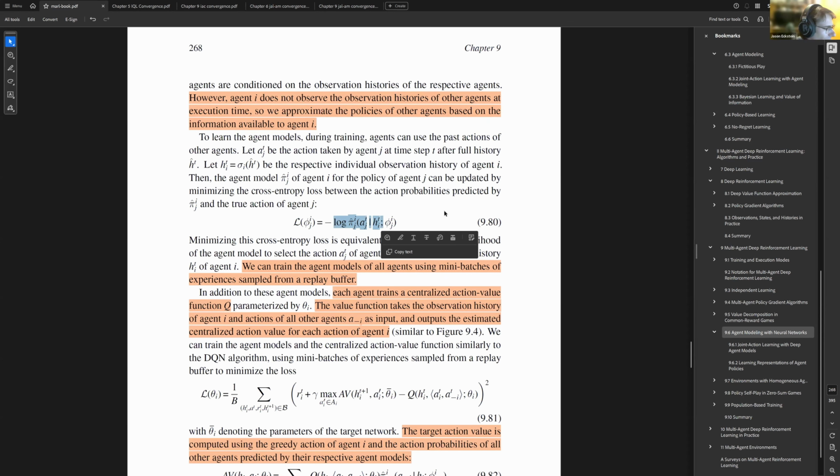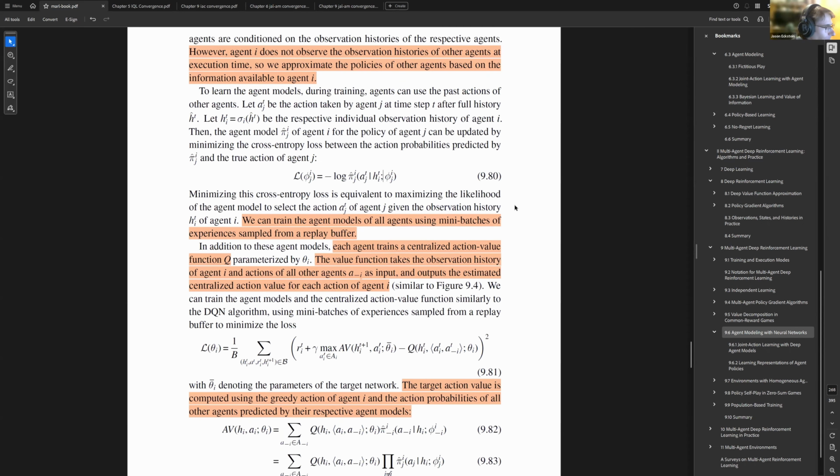Now, technically, the way they describe this is that each agent has a model of all the other agents. And so there are going to be n minus 1 distinct models for every agent.